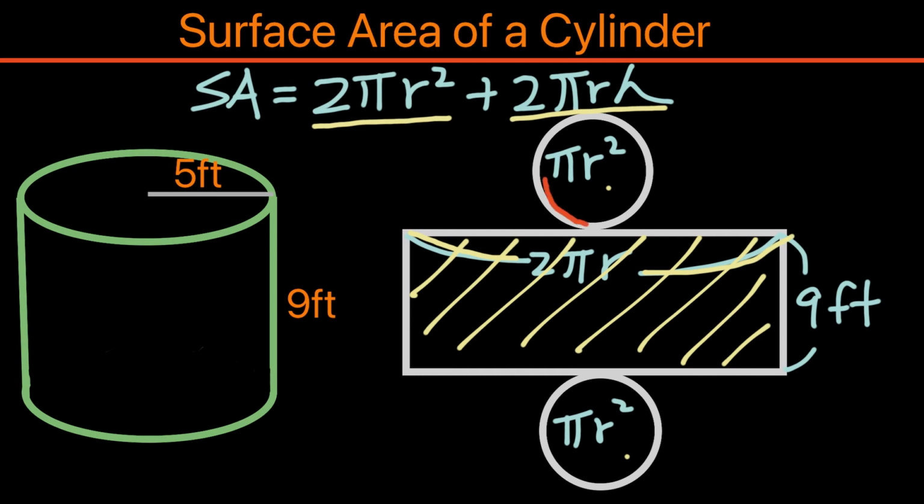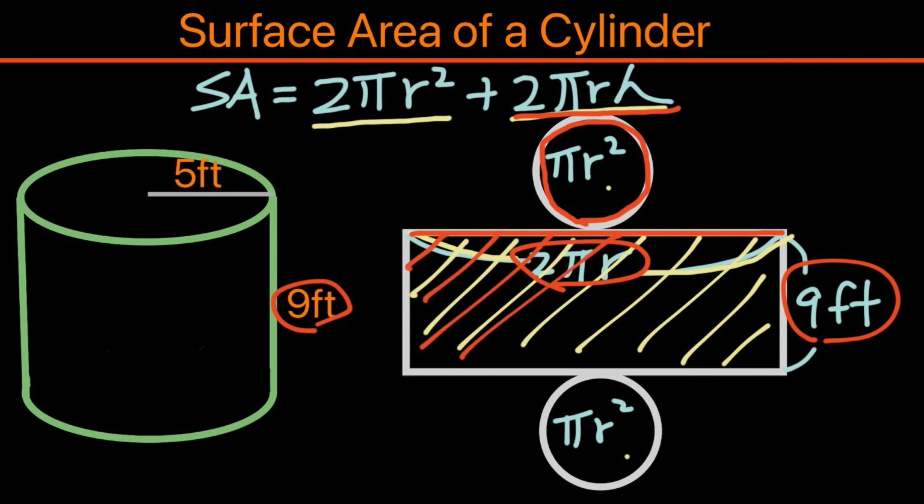So the circumference of the circle is equivalent to the length here, and that's why it's 2 pi r. And then we have the height, which matches the height of the cylinder. So that's why we are adding 2 pi r times height, as that would be the area of the rectangle.